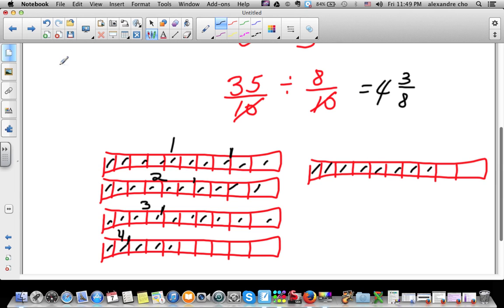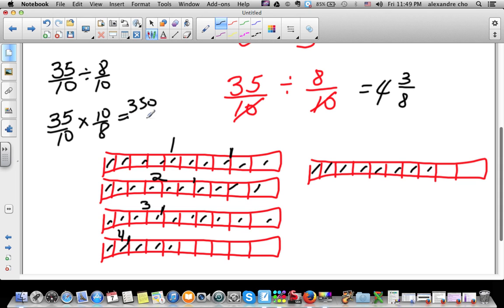You can always double check your work. So 35 over 10 divided by 8 over 10, you can actually do it via multiplication. You're multiplying by the reciprocal, 10 over 8, and you get 350 over 40. Let me cut these zeros out, so 350 over 4.